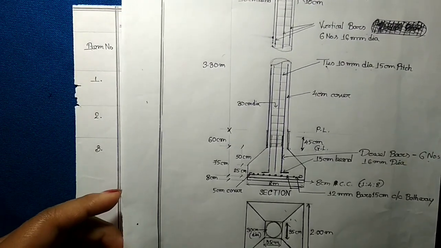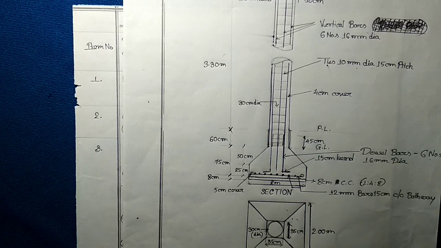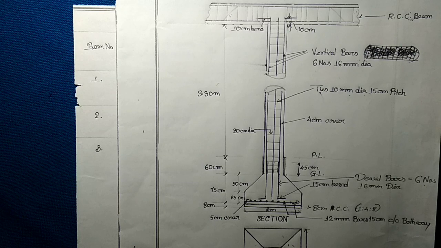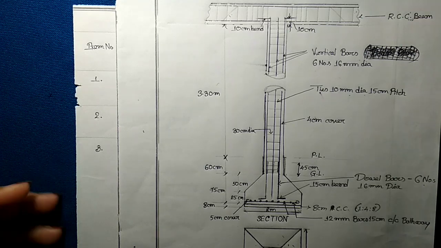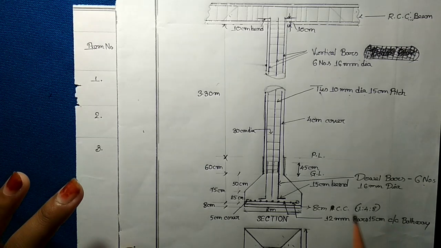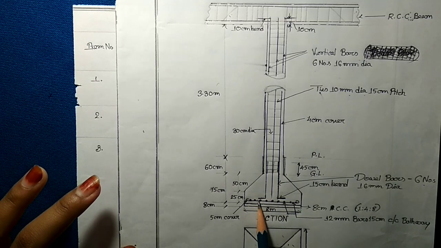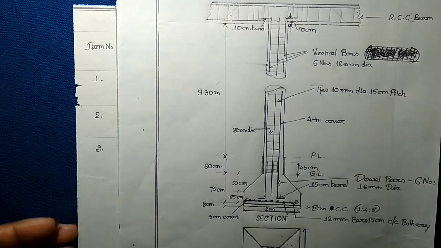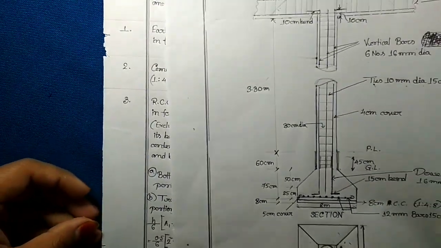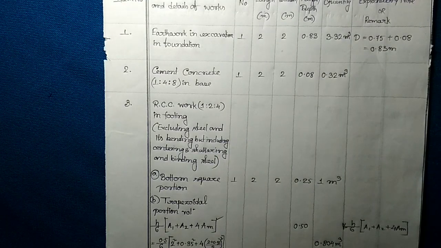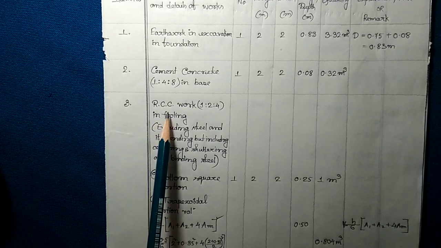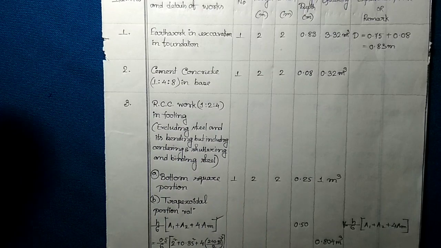After this, we will do the RCC work. The RCC work I have summarized in 2 separate items of work, that is RCC work in the footing and RCC work in the column. See, the third item is RCC work in footing.